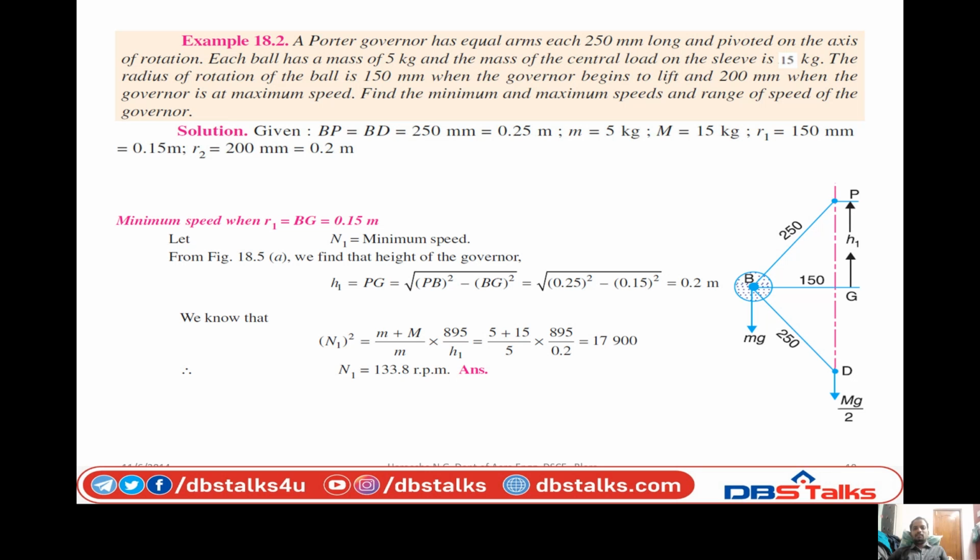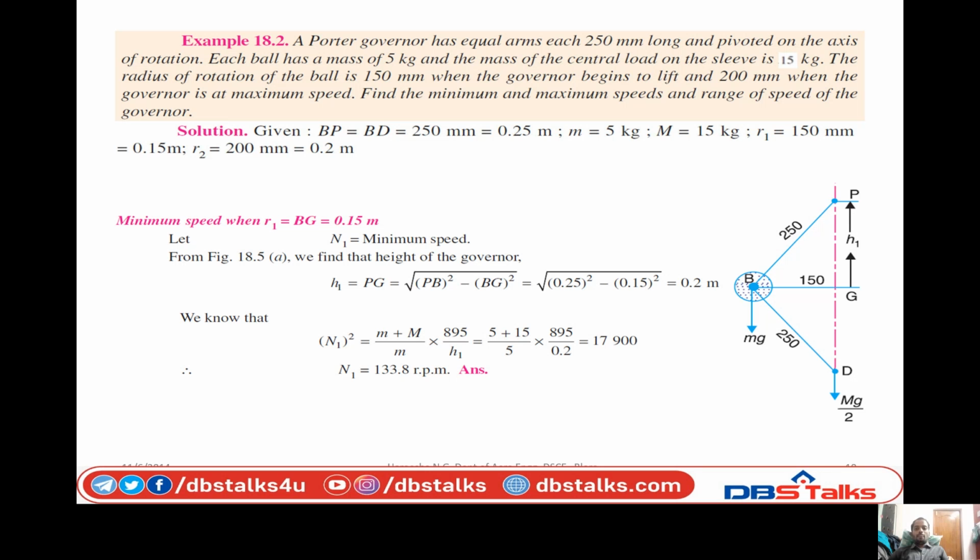So according to that, we have to construct two diagrams. One is for N1. In both the cases, the height may not be the same. So according to the height of the governor, the speed may vary. We know the relation.